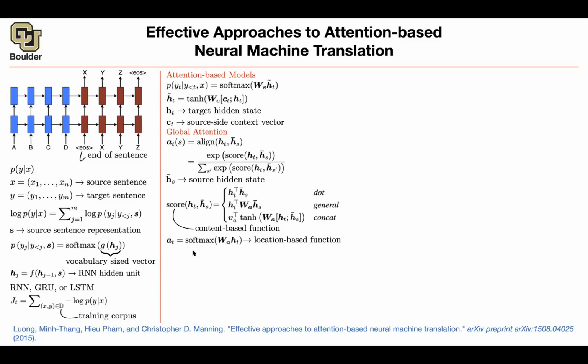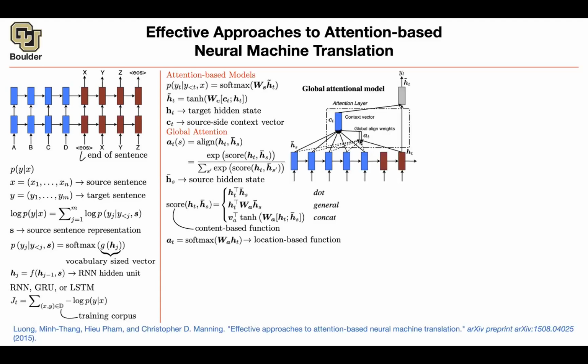So that's another version. Visually speaking, this is what is happening. For the global attention model, you have HT tilde, which is here, and this is the one that's going to give you the probability of your word that is being outputted. So your word could be any of these in your sentence. HT tilde is going to depend on CT and HT.